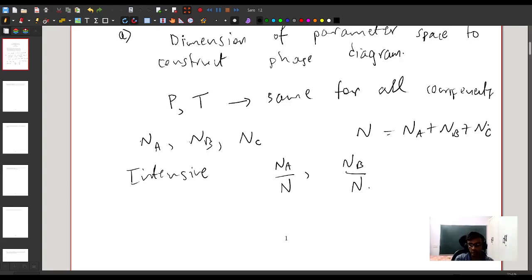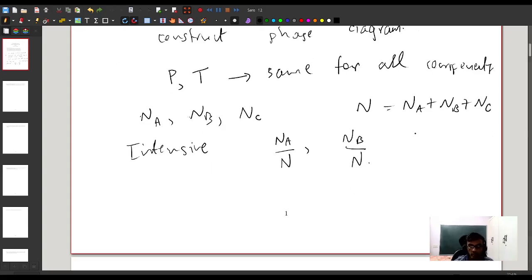It is enough to specify these two ratios. Then obviously the third ratio, this fraction, is automatically determined by the sum of these two.